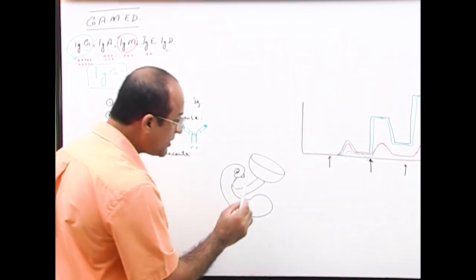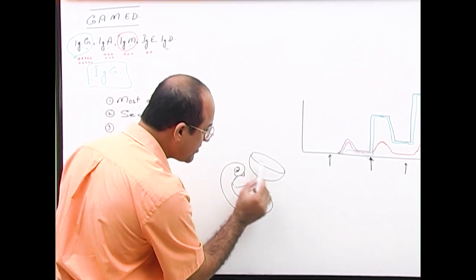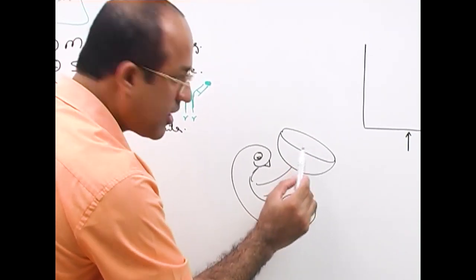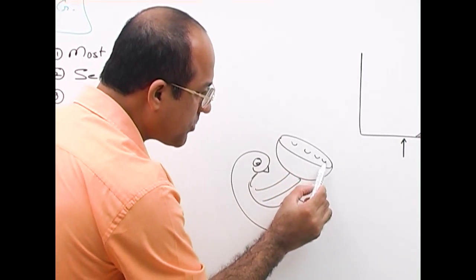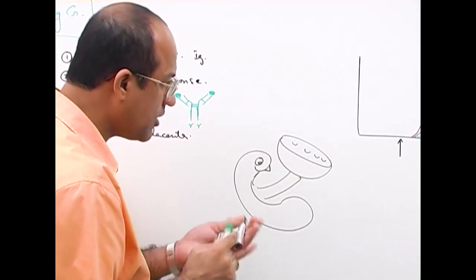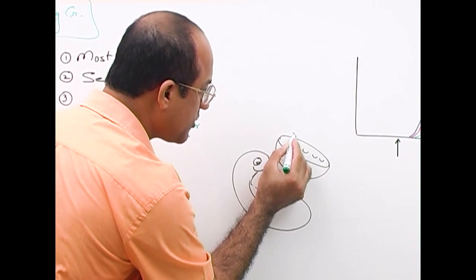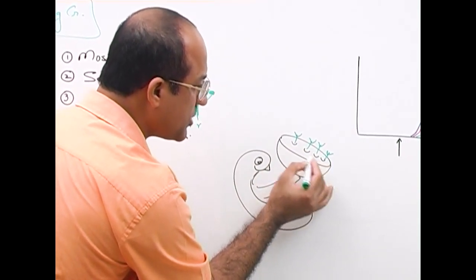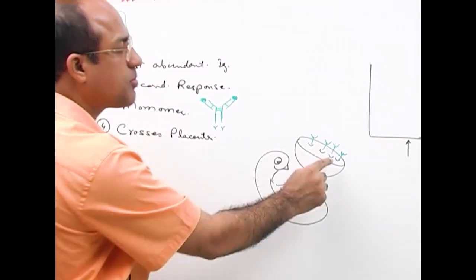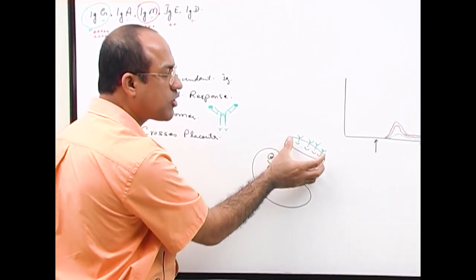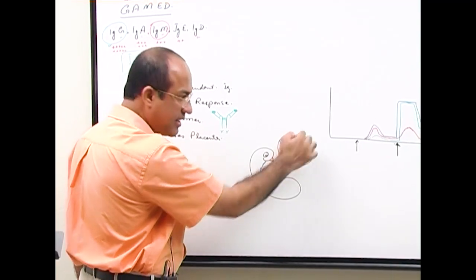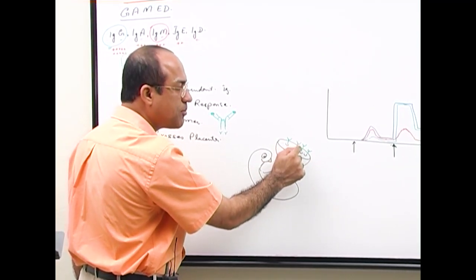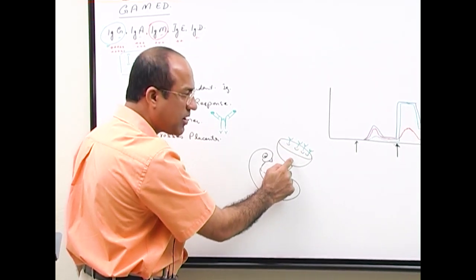Now, what really happens is that the cells on the placental surface, the cells which are facing the maternal blood, express the receptors for Fc portion of IgG, and so IgG from the maternal side, from mother blood, binds with these receptors, and once these receptors are loaded with IgG, they undergo endocytosis, and through pinocytosis and endocytosis, they are transferred from maternal blood side to the fetal blood side.